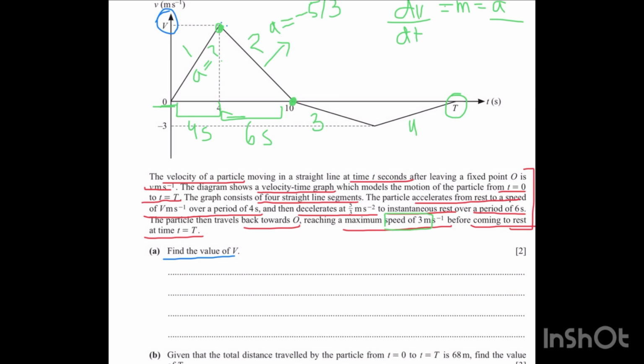We can solve this question in 2 ways. One is using the idea that I mentioned over here, which is that acceleration is the gradient of the line, and the other idea is that we can use the v = u + at formula, in which v is the final velocity, u is the initial velocity, a is the acceleration, and t is the total time taken.